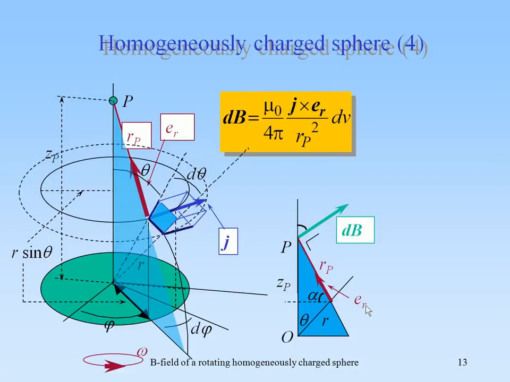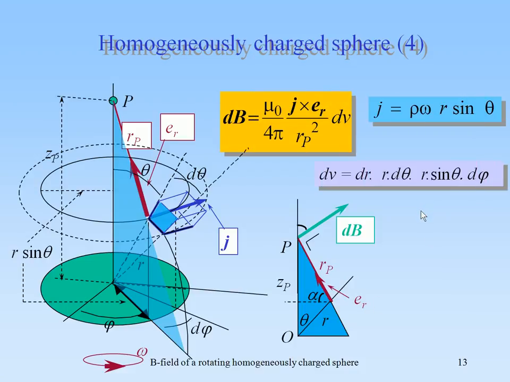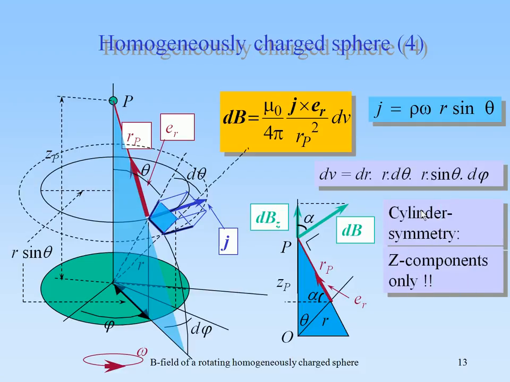Now we know almost everything. We know J, we know dV, we know that there is cylinder symmetry, and it means we only need the z component, and the z component is given by cosine alpha, and cosine alpha here is r sine theta over rp. The only thing we need to know is rp.